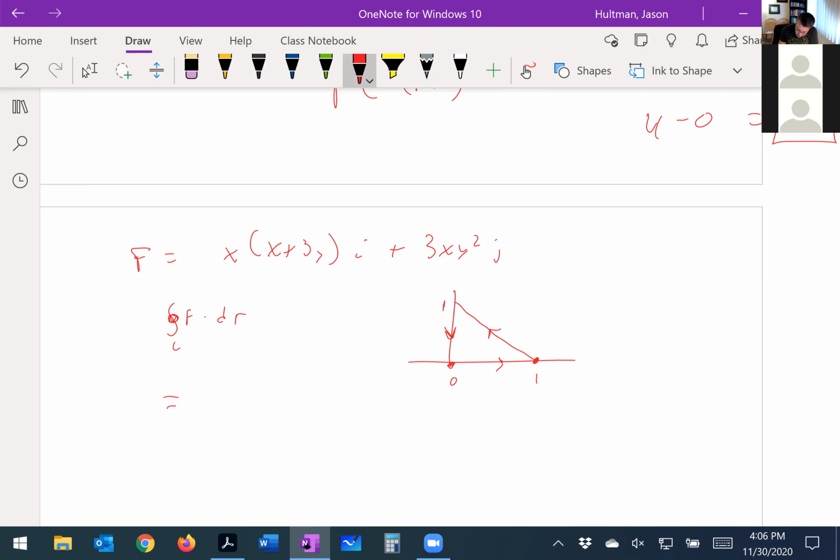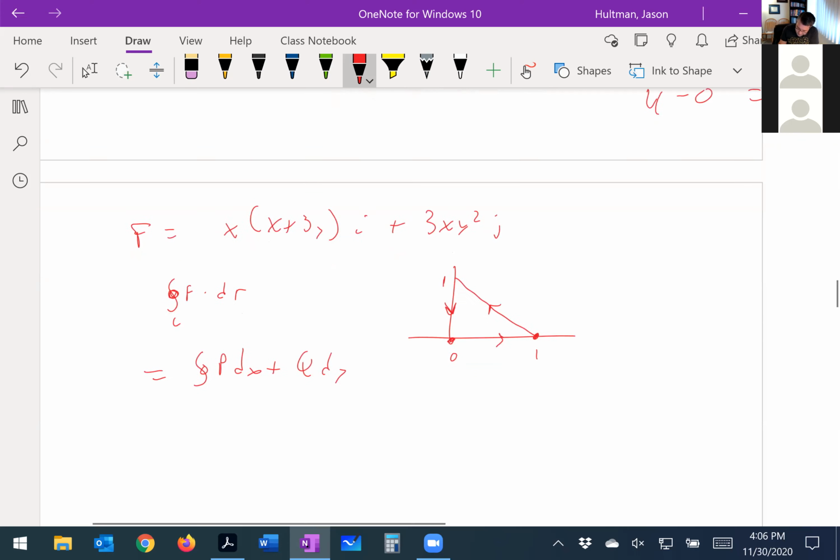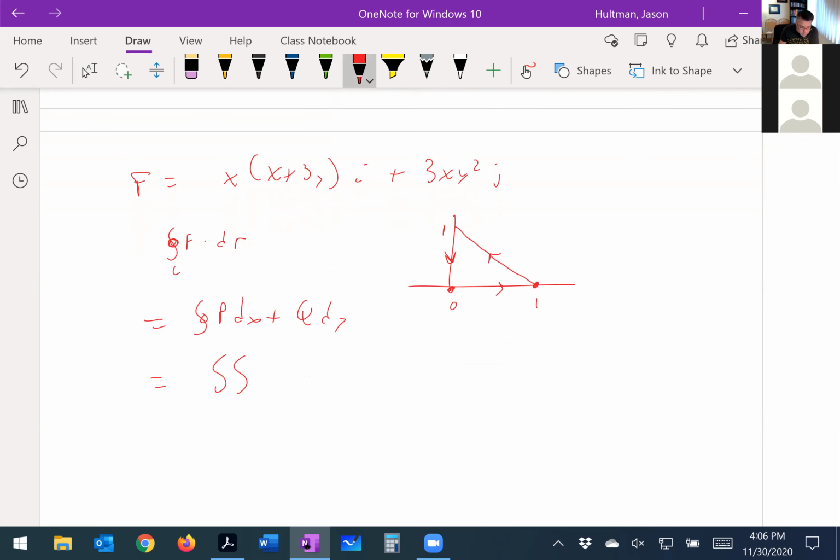However, Green's theorem says I can change this: the line integral of P dx plus Q dy becomes the double integral over the area, call that D, of dQ/dx minus dP/dy dA. There's my Green's theorem.